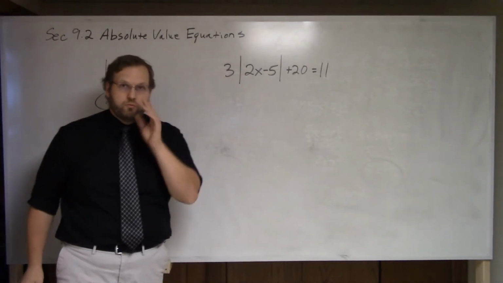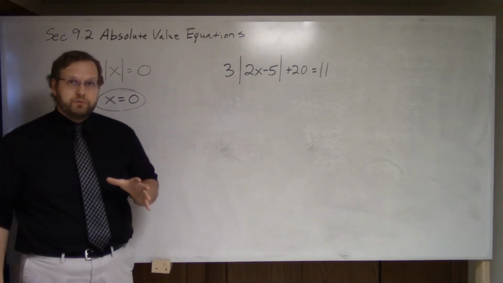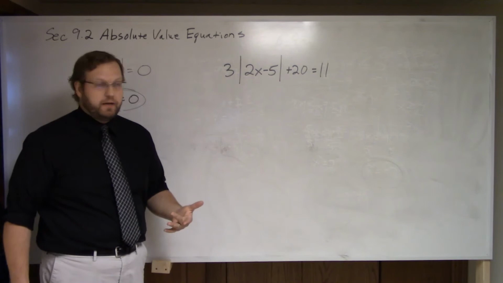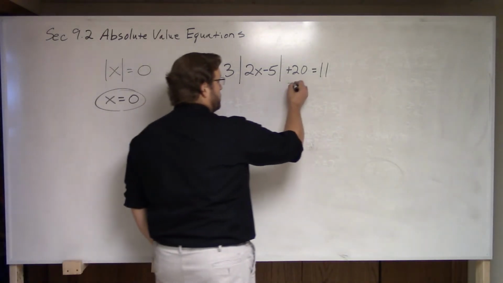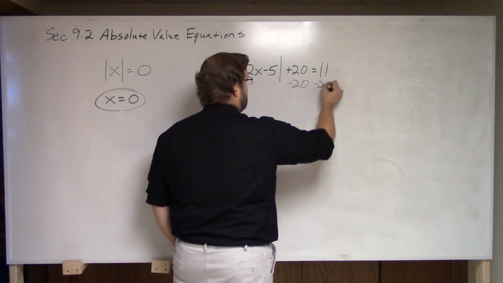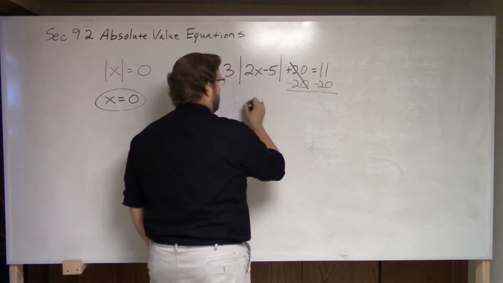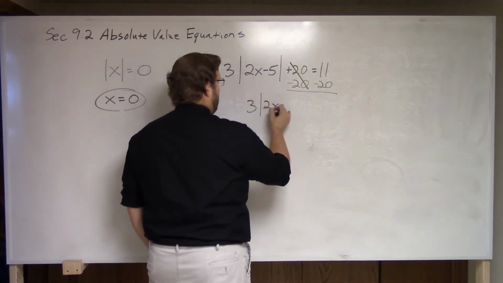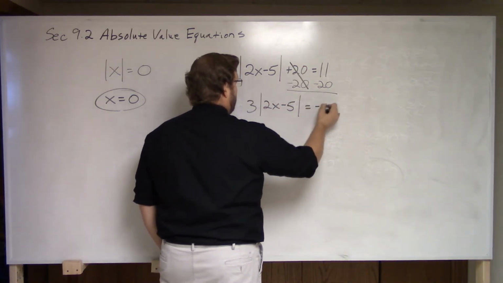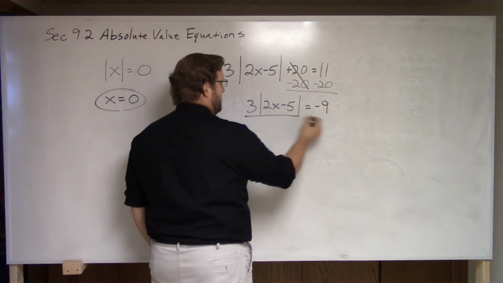Okay, so remember, first thing we got to do is isolate that absolute value. Okay, so I'm going to subtract a 20. And then divide by 3.